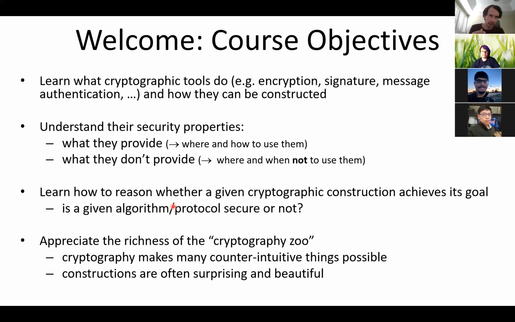This ability to reason about an algorithm, does it give you the security properties you wish for? Or, if it doesn't, what security properties, if any, does it give? This is the essential activity that we'll be introducing in this class.